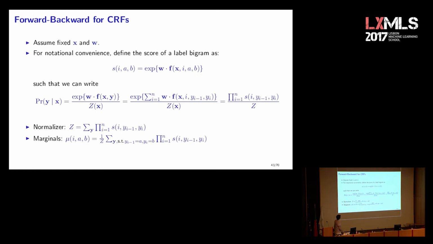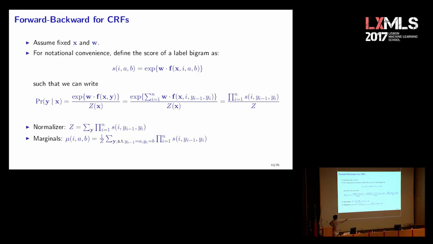Why do I do this? Because if I do this, I can turn this expression, which uses the features and the inner product, into something that is just a product of scores. How do I do this? This is an exponent of something that is a sum over positions, okay? From here to here, f is a sum over positions.